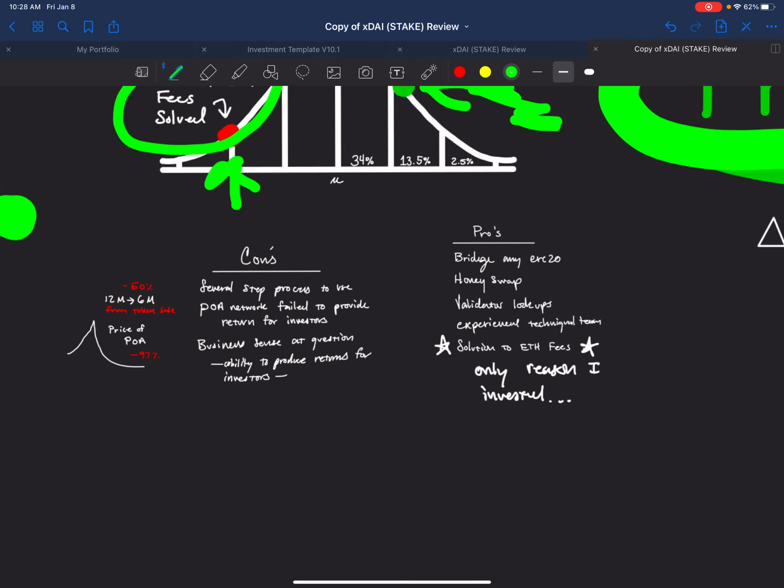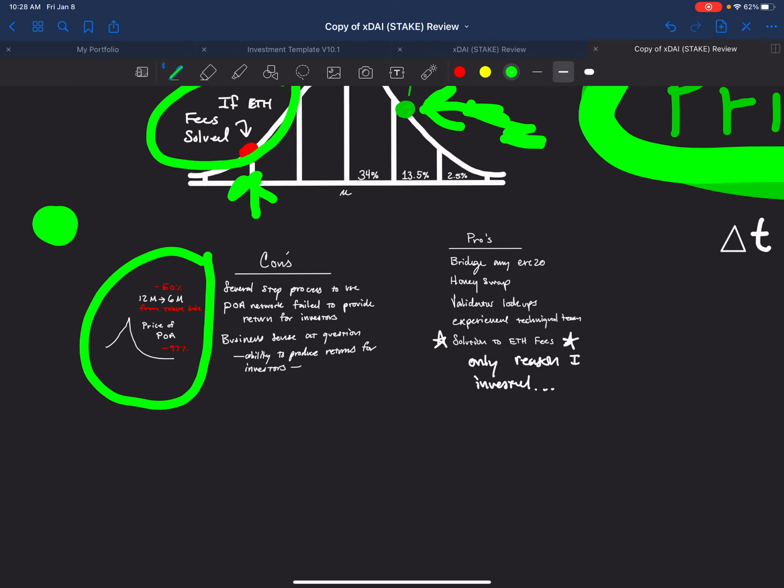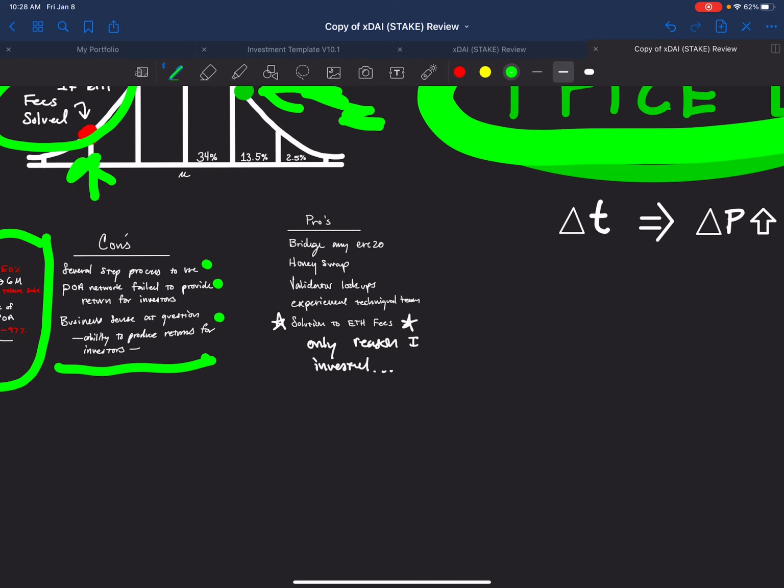The cons, so they failed investors in the past with this POA chain. It's also a several-step process to use. POA network was a failed return for investors, and so business sense is at question. Their ability to produce returns for investors is at question. That's the cons. The pros, you can bridge any ERC20. HoneySwap is a current use case.